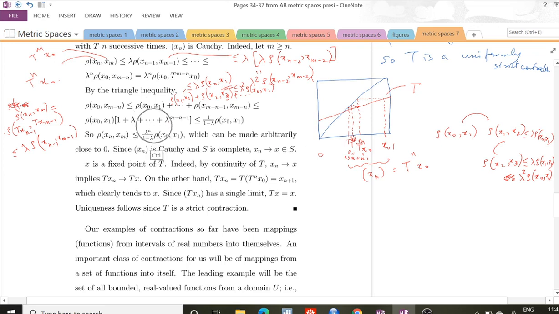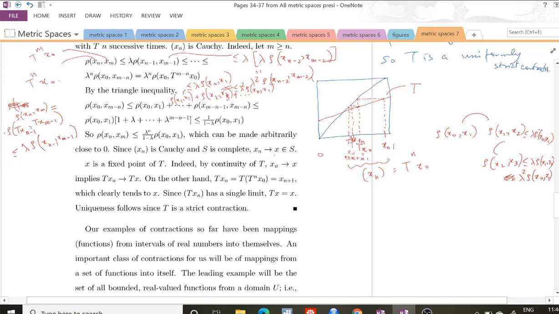So the right-hand side here can be made arbitrarily close to 0, which means that the distance between xn and xm can be made arbitrarily close to 0. So it must be that xn is Cauchy. If you want, you can define Cauchy rigorously and show that indeed by this argument xn is Cauchy. And because it's Cauchy and S is complete, xn converges to a limit x in the set S.